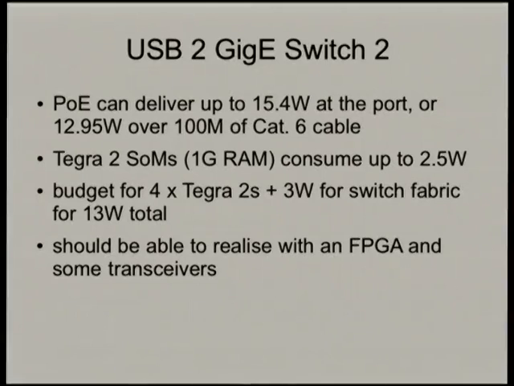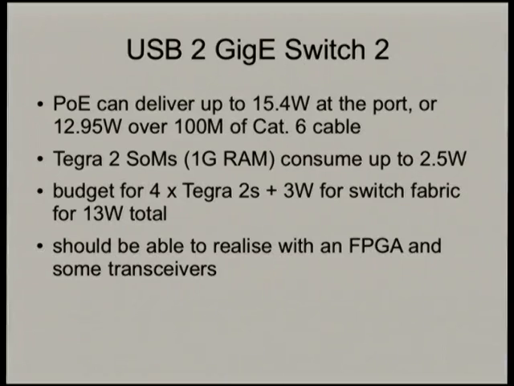The Tegra 2 system of modules that we're looking at, which have a gigabyte of RAM on them, consume 2.5 watts each. So we're budgeting for 4 of those modules for 10 watts, and then there's between 3 and 5 watts left over for the switch fabric, which would be the gigabit network port itself, which is actually quite power hungry.